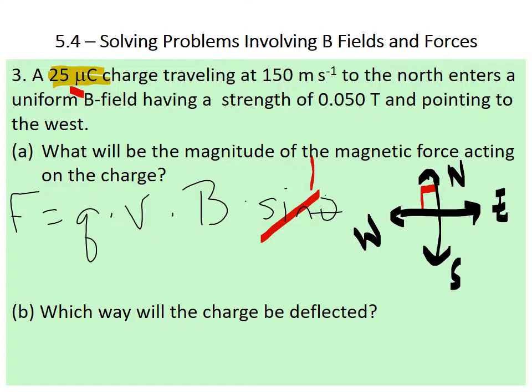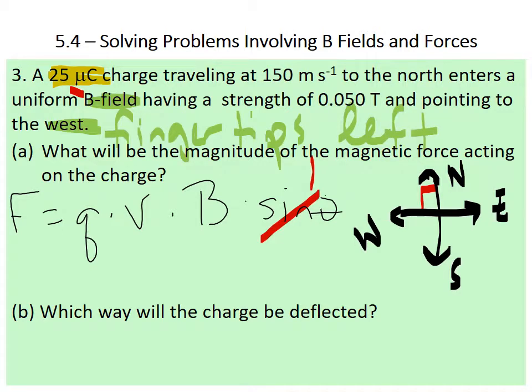I like to start by pointing my fingertips in the direction of the magnetic field. So the magnetic field is oriented to the west. That means I will point my fingertips left.